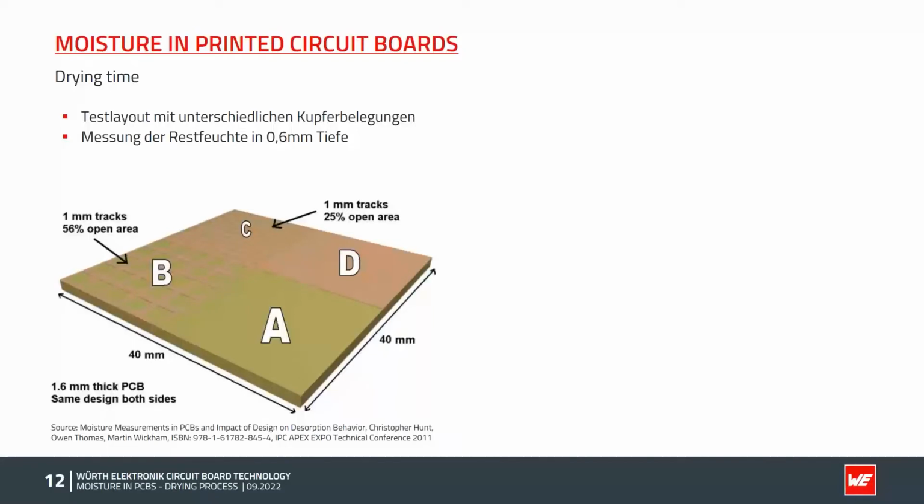Then there was a drying process at 120 degrees C. And then the humidity was measured in a depth of 0.6 millimeters. So this was a test layout, as I already mentioned, and the measurement of the humidity was in 0.6 millimeter deepness.